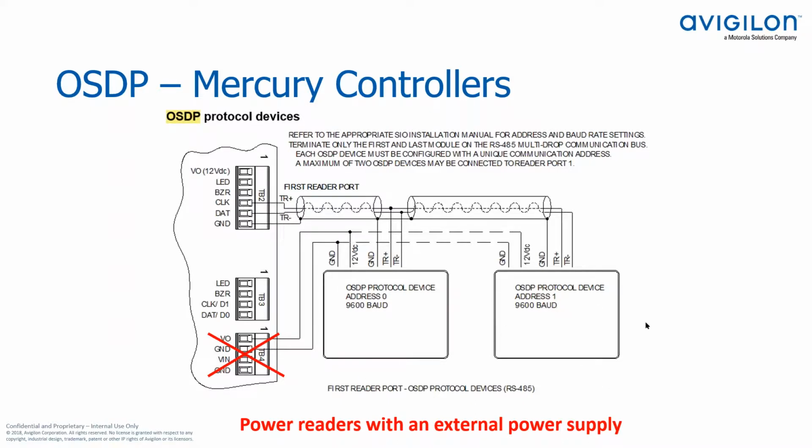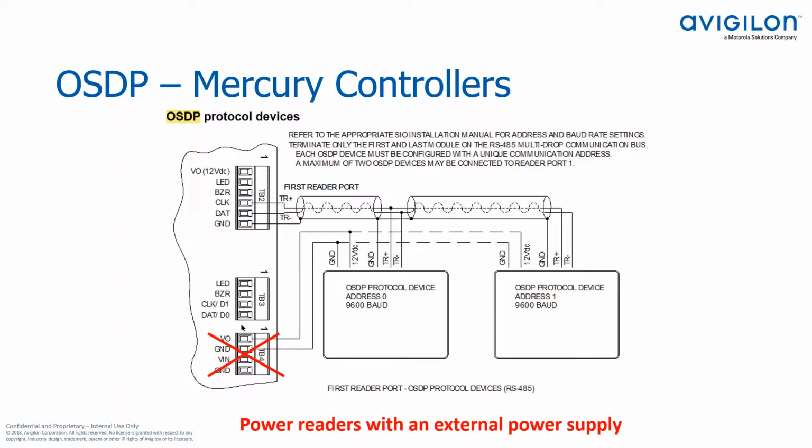When you're doing multiple readers, you can do the RS-485 wiring, because that's what it is, OSDP runs on RS-485. You can daisy chain that, but you have to power the reader locally.